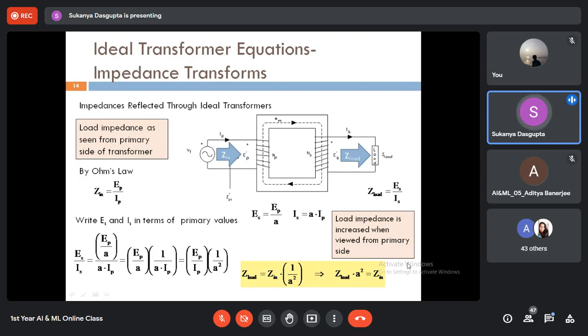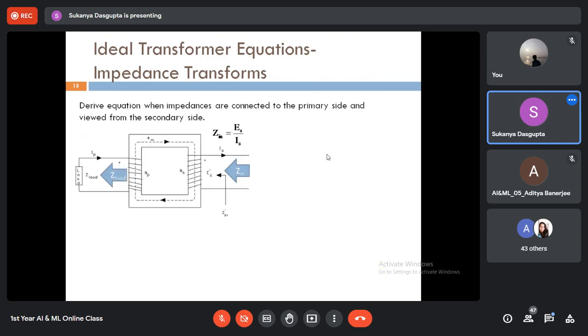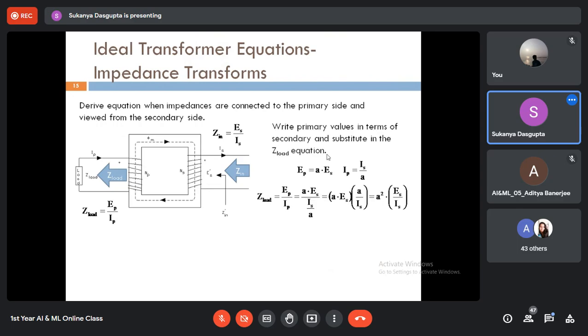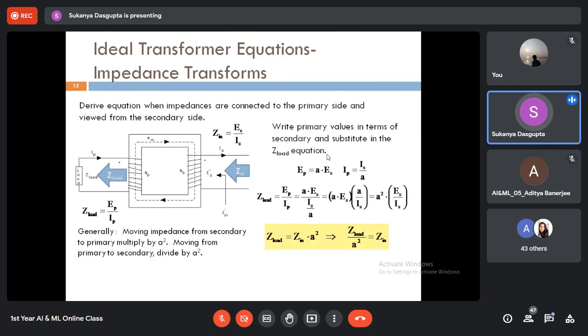So it's very important to understand from which terminal you are trying to view the impedance of the circuit. In this case, it is just reverse. Z load is now equal to A square times Z in.